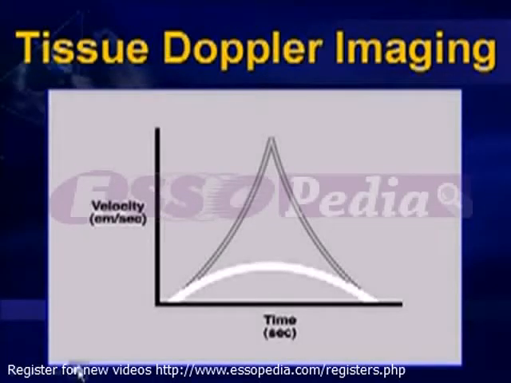Now this schematic illustrates the principles behind pulse wave Doppler tissue imaging, where this here represents the high velocity but low intensity signal that comes from the blood pool, and this white bar here represents the relatively high intensity but low velocity signals that come from the wall.